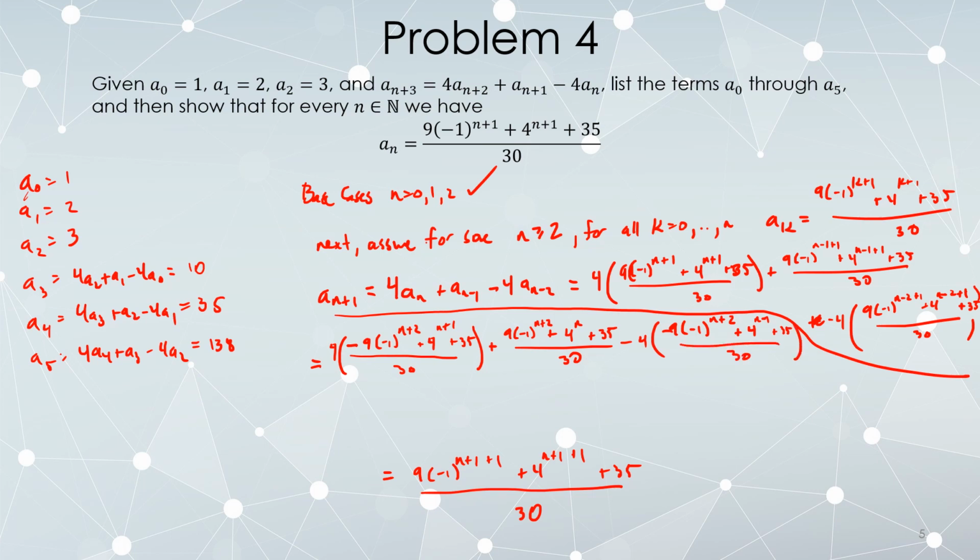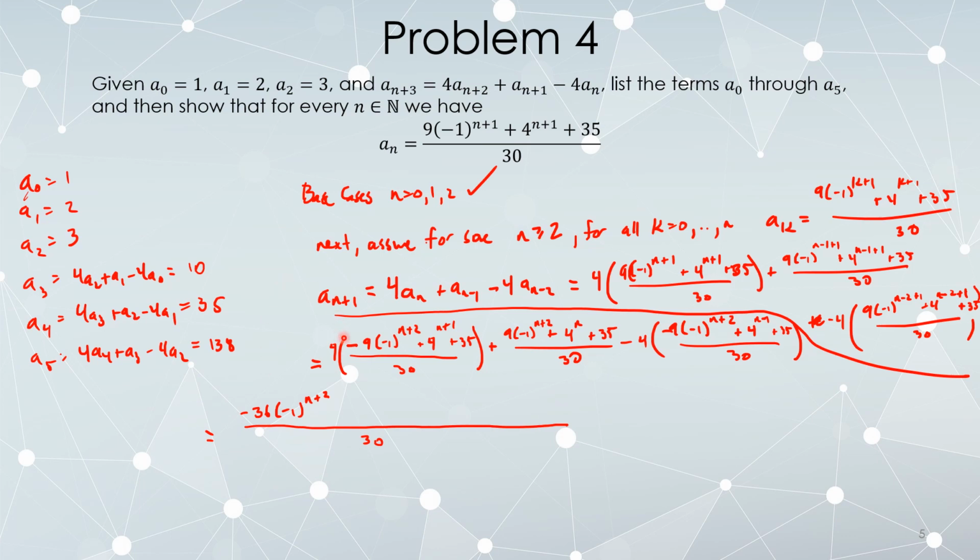Okay, now what we're going to do is we're just going to distribute these 4's, collect everything over a denominator of 30. As in the prior problem, I happen to know I don't quite have enough space here, so I'm going to erase our equation that we're after, just so I have a little more space to work with here. So this is all going to go over 30. We end up with negative 36, negative 1 to the n plus 2.